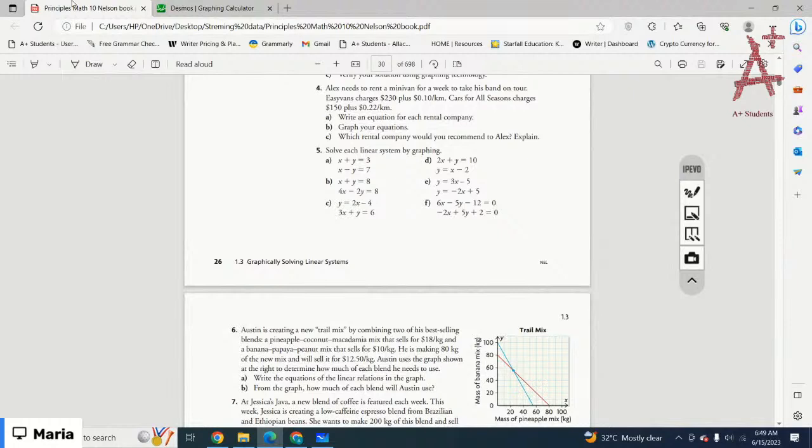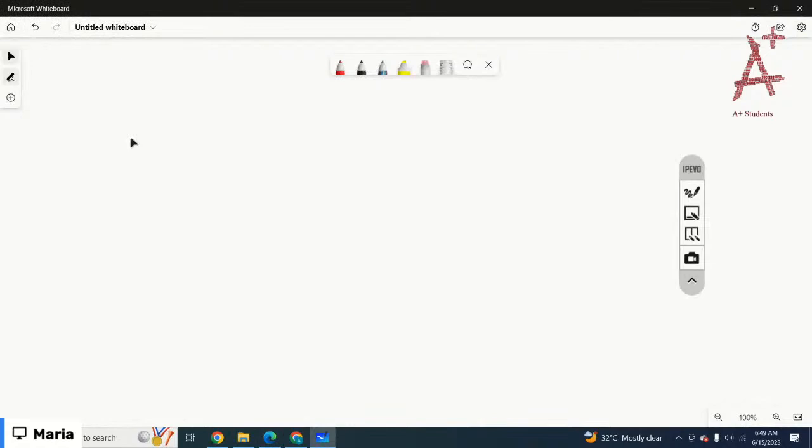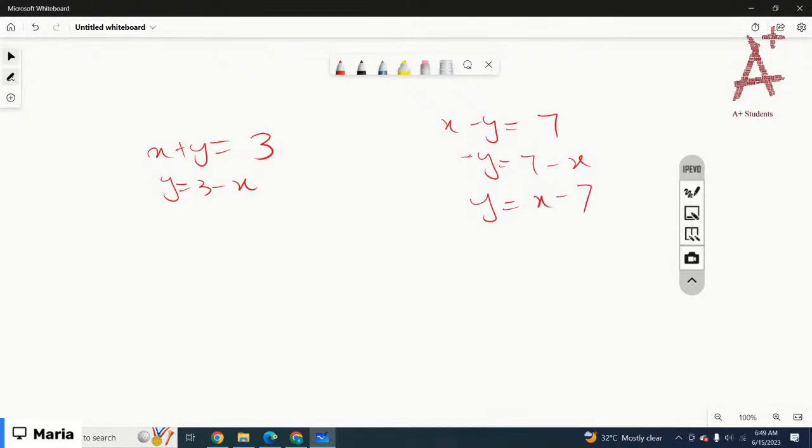Let's just solve them. y equals 3 minus x, and negative y equals 7 minus x, so y equals x minus 7. Just put different values of x and calculate the different values of y. Then we are going to plot them and find the solution.